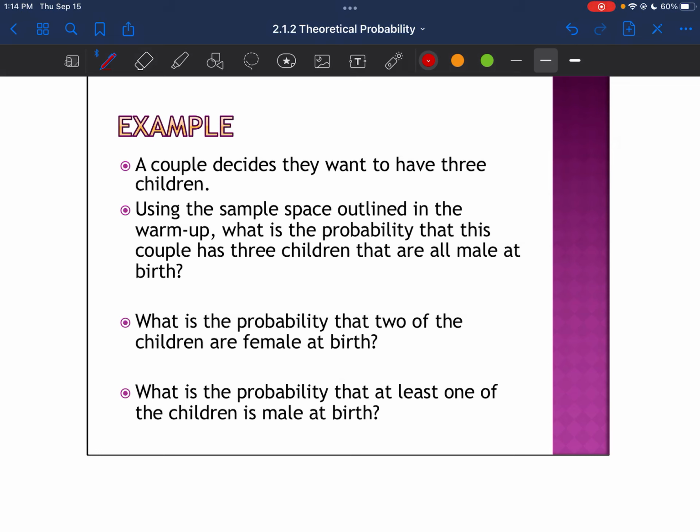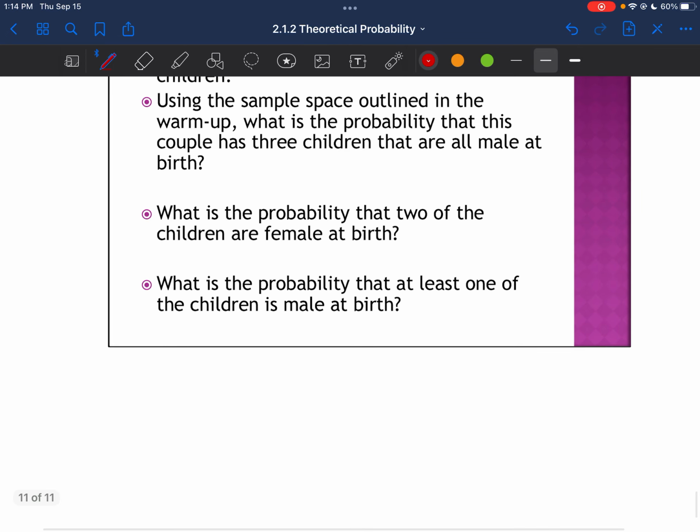Hey everyone. So in this video, we're just going to do a couple of examples of probabilities, and this is theoretical, not experimental. We're going to revisit what we looked at in the warm-up, which is a couple who decide they want to have 3 children, and I'm going to revisit that sample space.